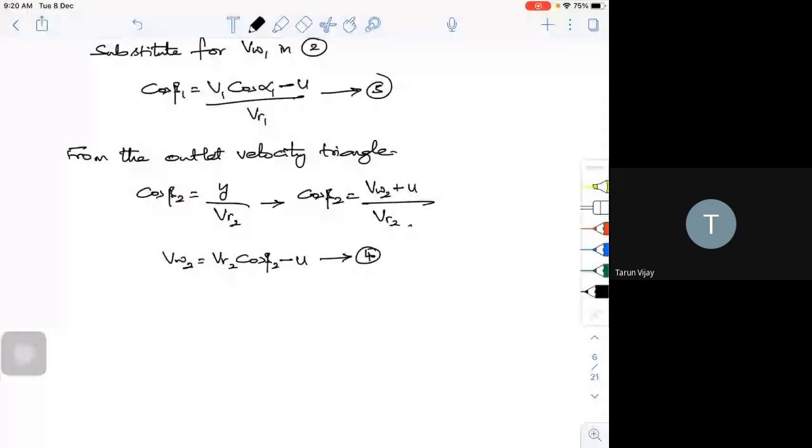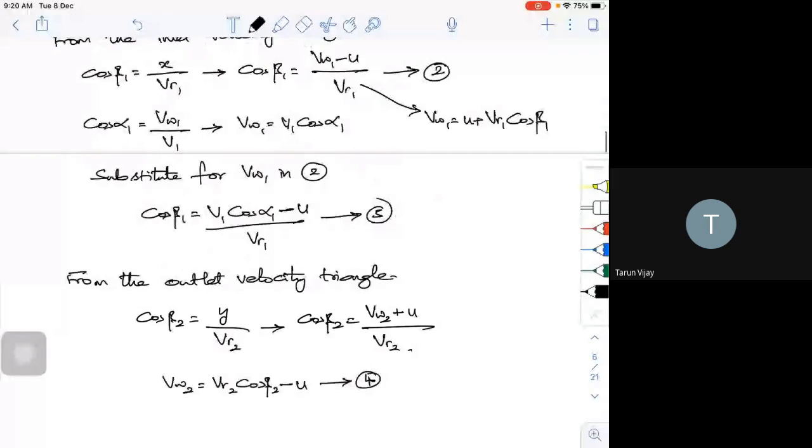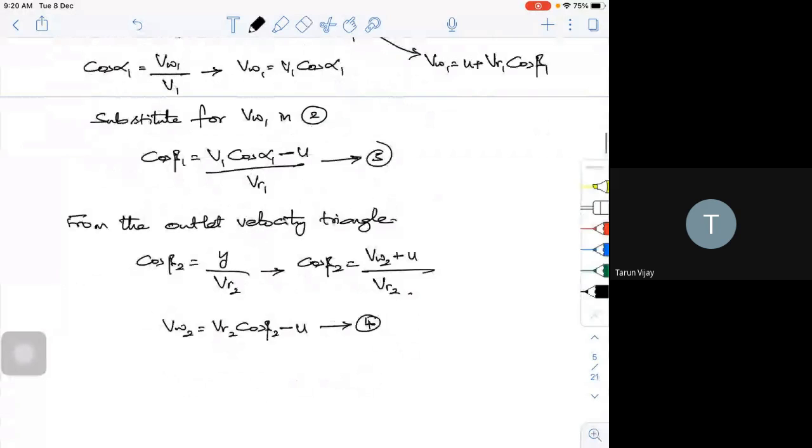So VW1 is equal to U plus VR1 cos beta 1, and VW2 is equal to VR2 cos beta 2 minus U. I have these expressions, and I will substitute them in my main equation.